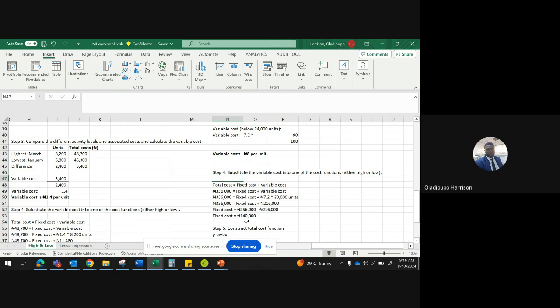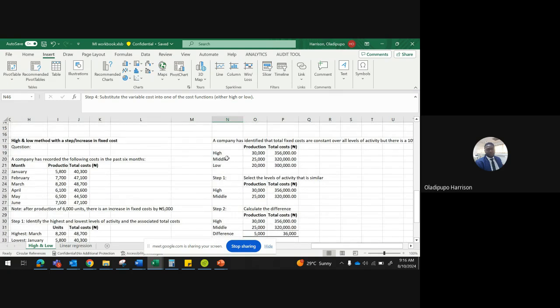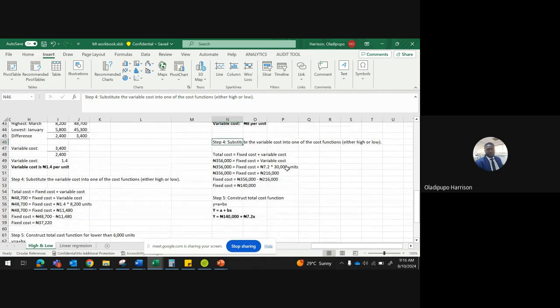So what you will be doing, as a take-home assignment, is to start from step 4. But this time, you will not be using high or middle. You use the low. So 20,000 units, 300,000 naira. The 300,000 naira will be the total cost, and the 7.2, which is your variable cost per unit, is going to be 8.